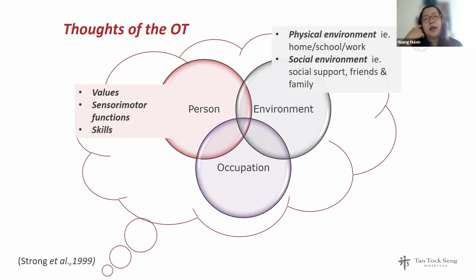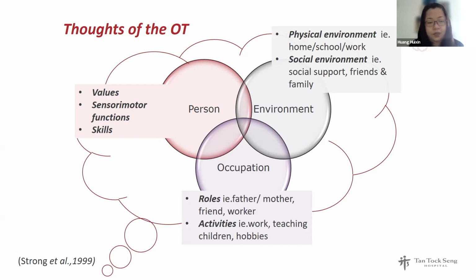We also look at their social support environment, physical environment, and their roles and activities. With all this information, we see how we can capitalize on their abilities and minimize their weaknesses to maximize the fit of these three interactions and help them to be more enabled.